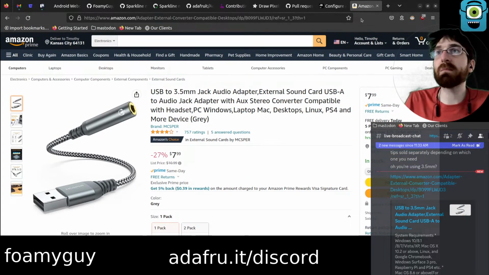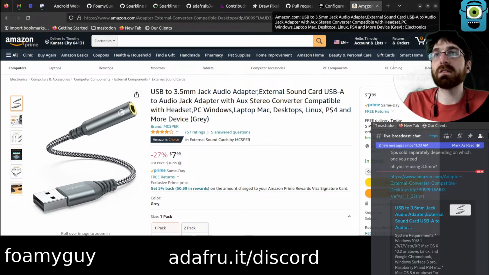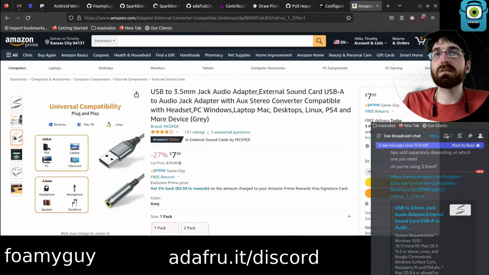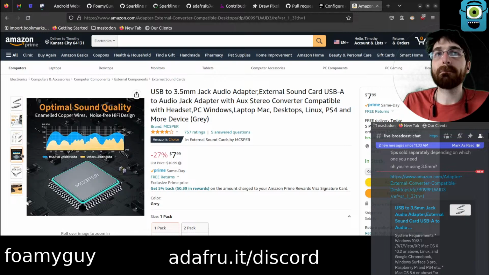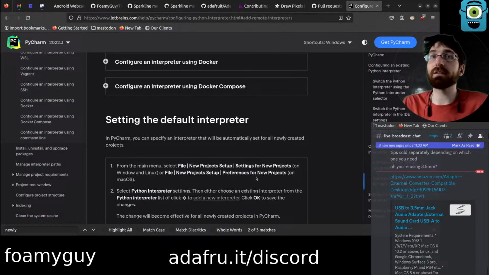This is an adapter I had no idea existed. Enameled copper wires.